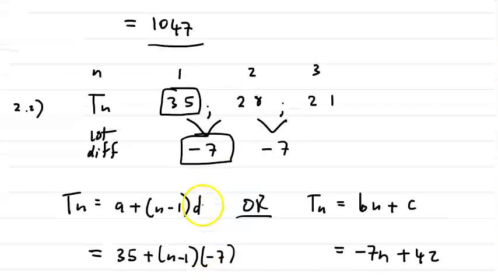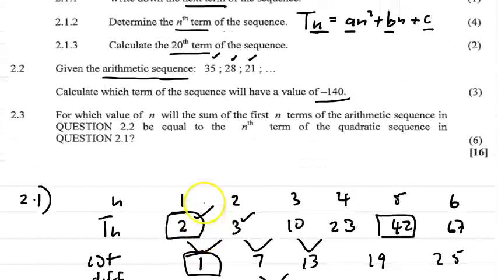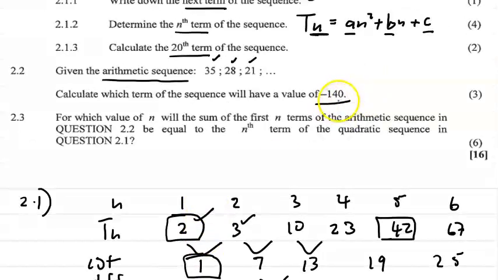So now to answer our question, we can look at the following. Calculate which term of the sequence will have a value of minus 140. So basically we want to solve for n here.